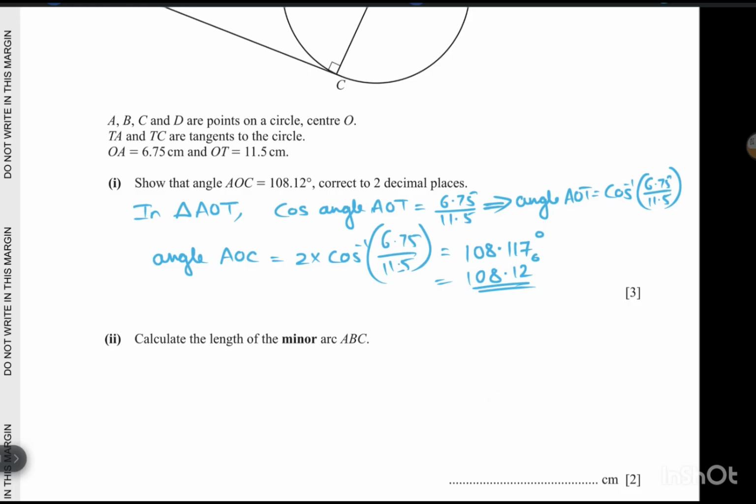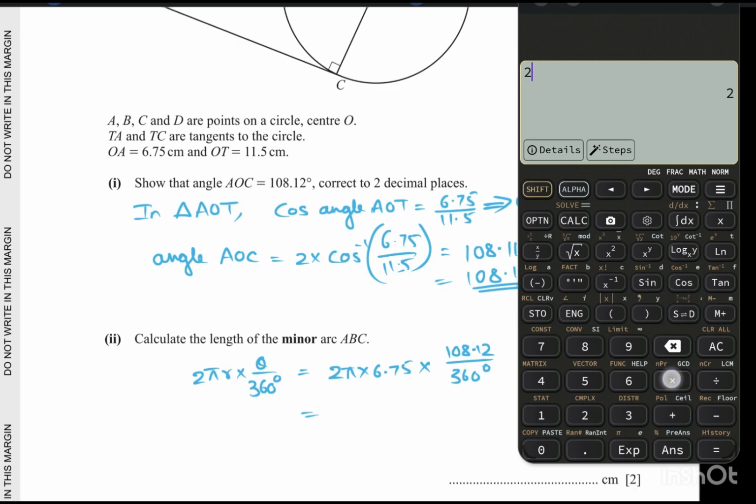Length of the arc is equal to 2 pi r into theta by 360. Now here we know r, the radius, which is 6.75, so 2 pi into 6.75 into theta, the angle we got just now, 108.12 by 360.